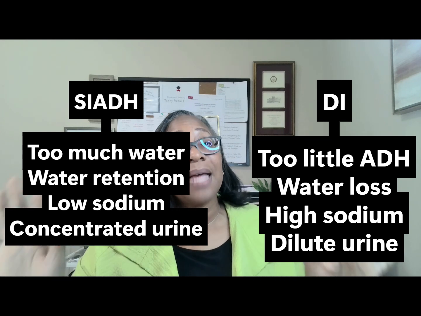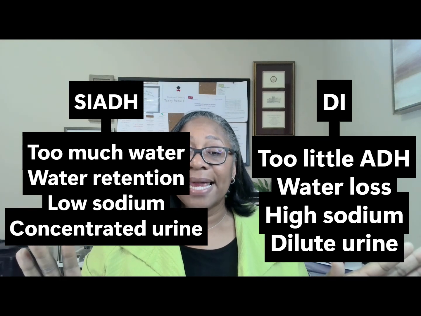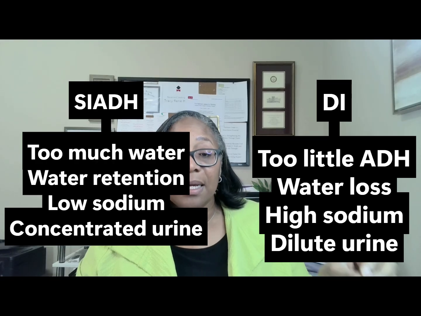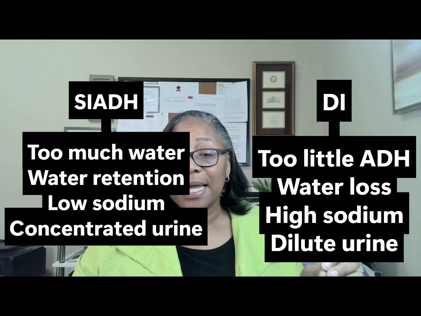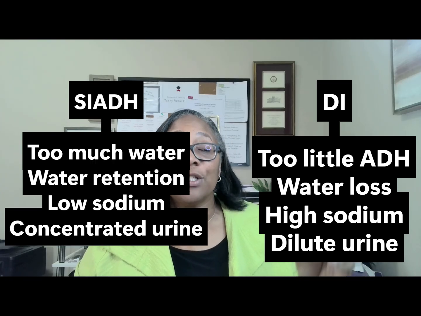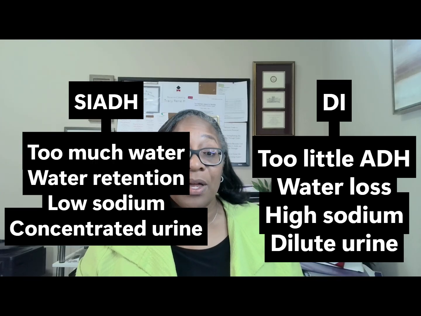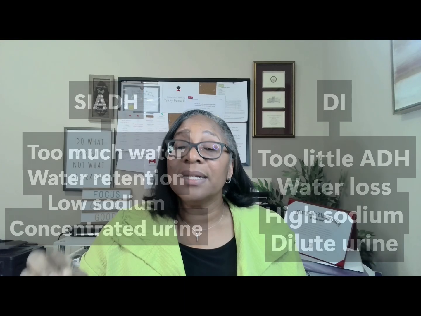So think of them as opposites. SIADH, soaked body, diluted blood. And then diabetes insipidus is dry body, concentrated blood.